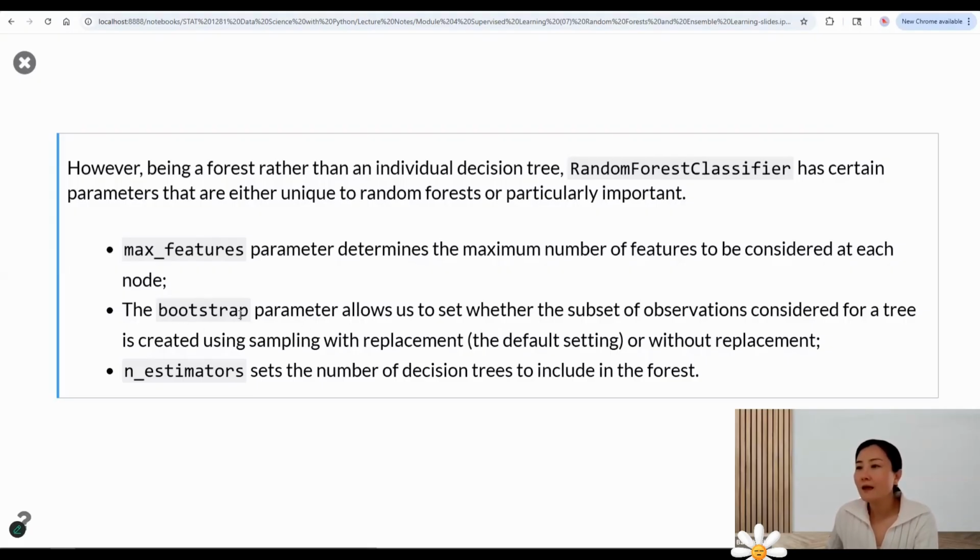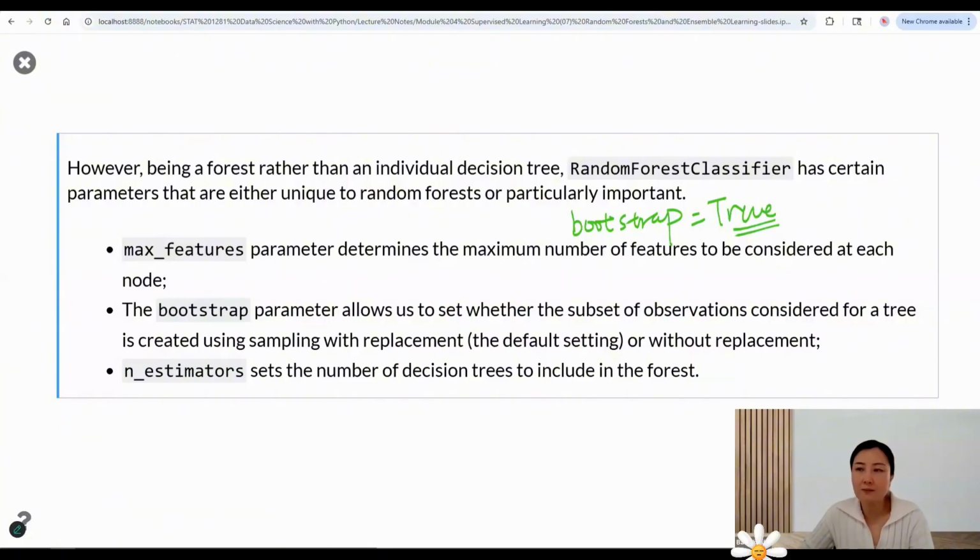And then bootstrap. This bootstrap parameter allows us to set whether the subset of observations considered for a tree is created using sampling with replacement or not. By default it is true, because it will use bootstrap. However, you also have the option to do sampling without replacement. In that case, you need to set the size of the sample.